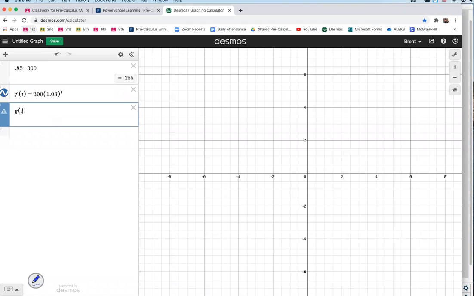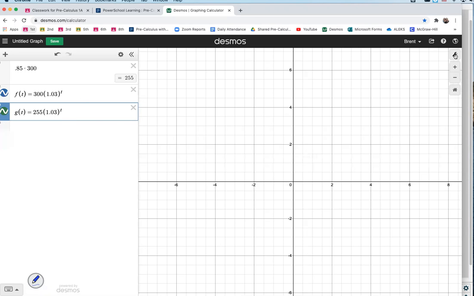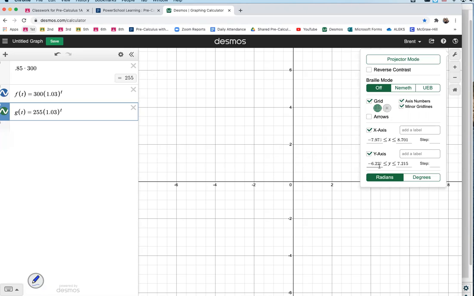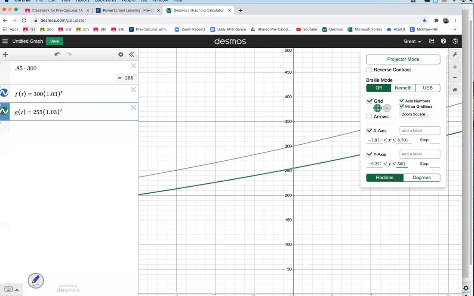And we're saying g is 255 times 1.03 to the power of t. To make this look right, I'm going to go to my settings and change it. I know it's going to start on the y-axis at 300, this one at 300, this one at 255. So I'm going to pick a bigger number, like 500.